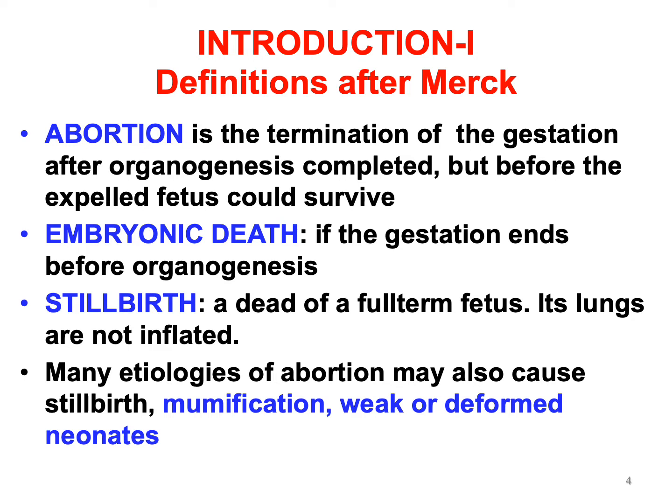It's very close to the embryonic death if the gestation ends before organogenesis and the fetus will be expelled. And the stillbirth means a death of a full-term fetus. Its lungs are not inflated at that time. Many etiologies of abortion may also cause stillbirth, mummification, weak or deformed neonates.